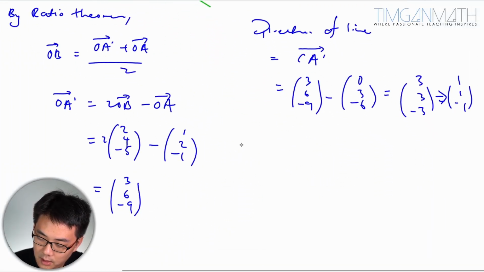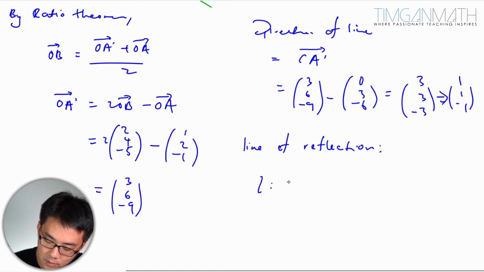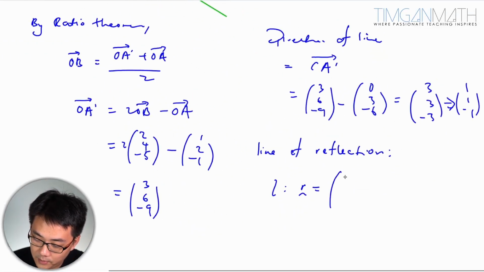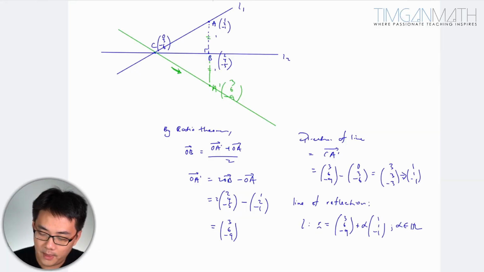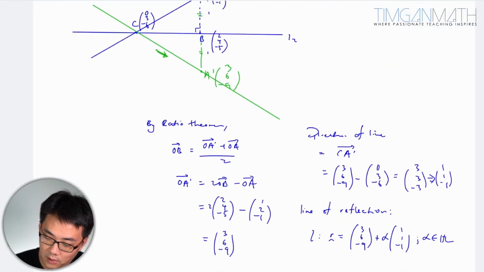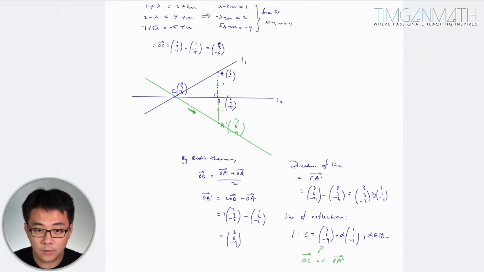So hence, the line of reflection, L R, you can either use OA prime or C. So I'm going to use OA prime plus alpha 1, 1, minus 1. Alpha is a real value. Okay. So that is your answer there. So you can use this or this. This one can be OC or OA prime. Okay. That's it. That's how I do this part.